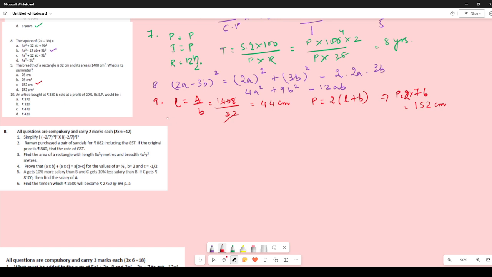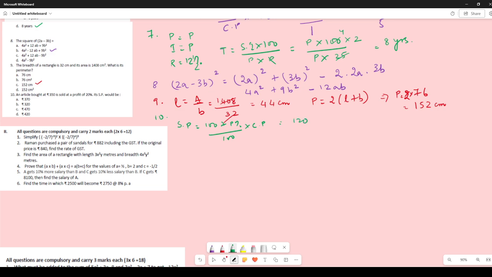Alright. Now let us take up this last question over here. Question number 10. An article bought at rupees 350 is sold at a profit of 20%. Its SP would be what? So we know the formula. SP is equal to 100 plus profit percent by 100 into CP, right? CP is given.